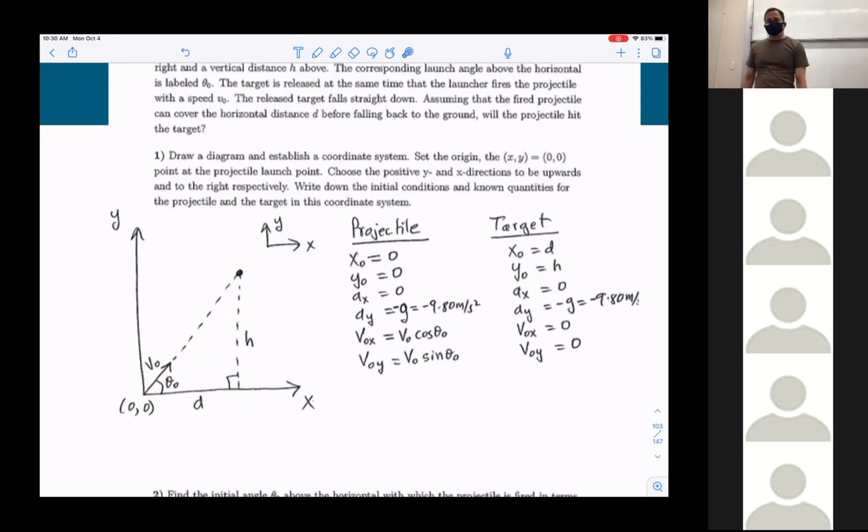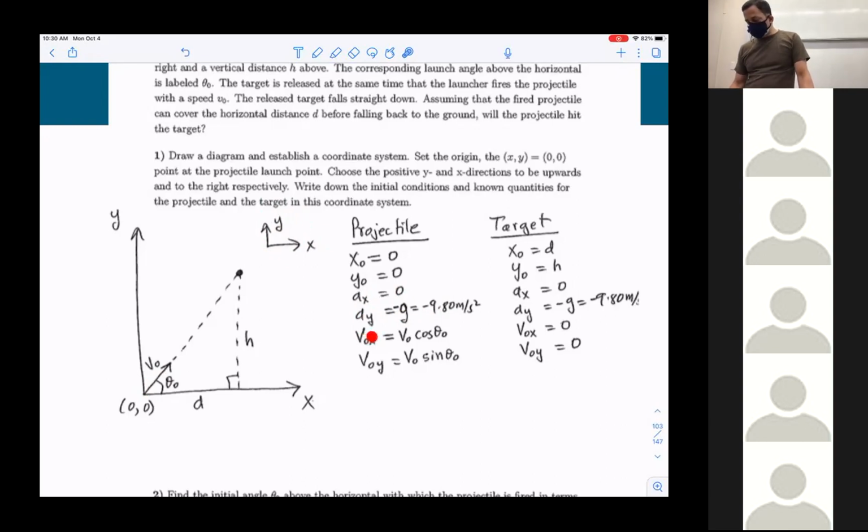So in order to do that, let's go ahead and collect some initial information. For the projectile, it is launched from the origin, so its x naught is 0, its y naught is 0. Once it is launched, it's again in free fall. The only acceleration is due to gravity, so again, its ax will be 0. Let's choose our positive x and positive y as usual. Then its ay will be minus g, or minus 9.8 meters per second squared.